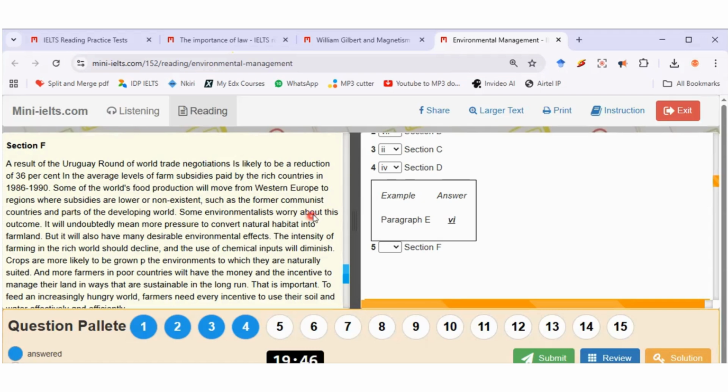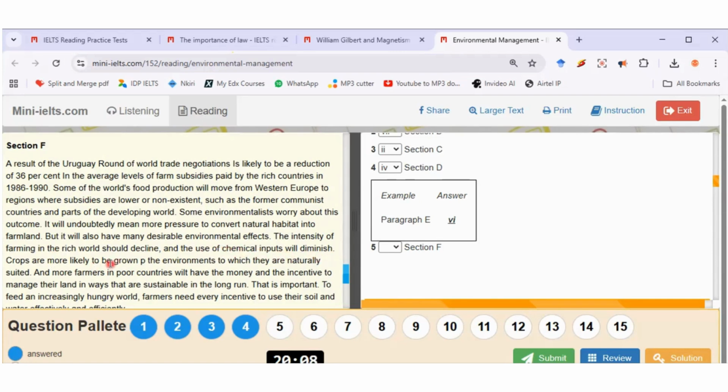Some environmentalists worry about this outcome. It will undoubtedly mean more pressure to convert natural habitat into farmland, but it will also have many desirable environmental effects. The intensity of farming in the rich world should decline, and the use of chemical inputs will diminish.